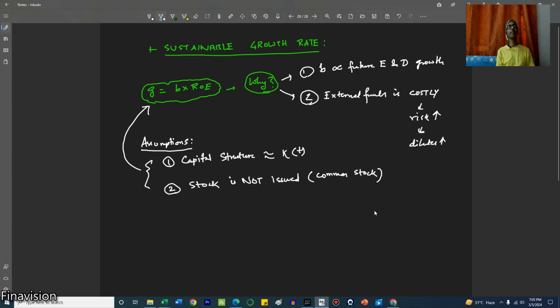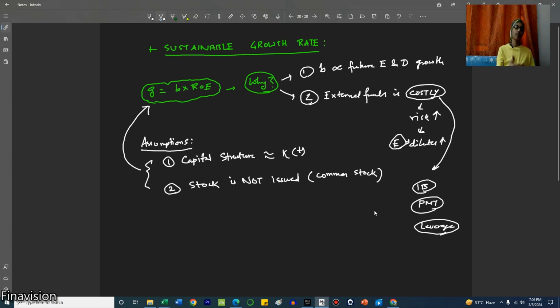Now the question may come, external funds, why is it costly? This cost is IB charges, that is investment banking charges, and coupons. If you are taking debt, you are increasing your leverage and you are paying coupons, right?